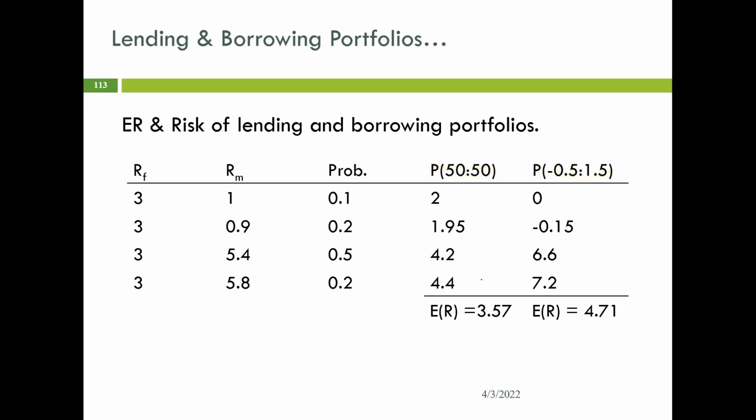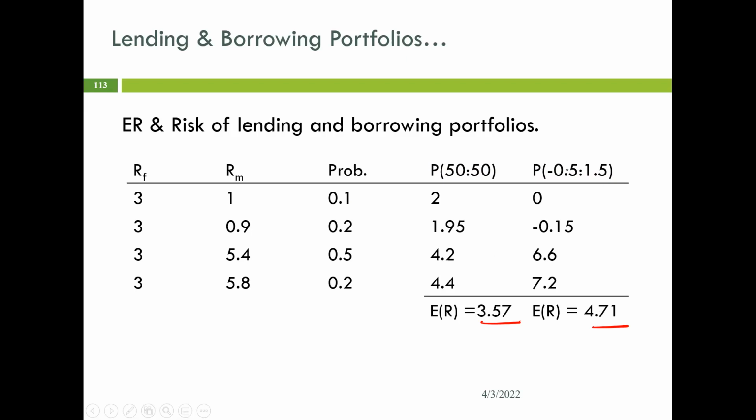So you will get the expected return, 3.57 and 4.71. Either the statistical method or that formula you can use. You know how to calculate expected return. That is a weighted average. So this is the expected return of the lending portfolio, and this is the expected return of the borrowing portfolio.